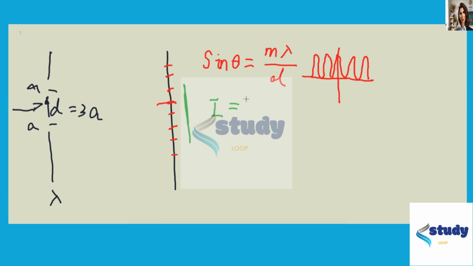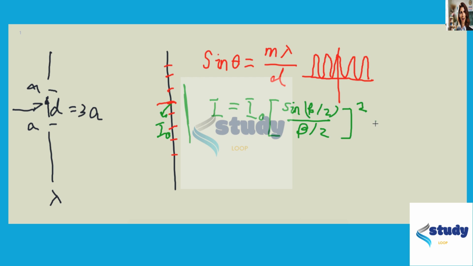I equals I0 times sine beta over 2 divided by beta over 2, then we square. And at the central maximum, we have the intensity of light equals I0. So that's the question, and this is the result.